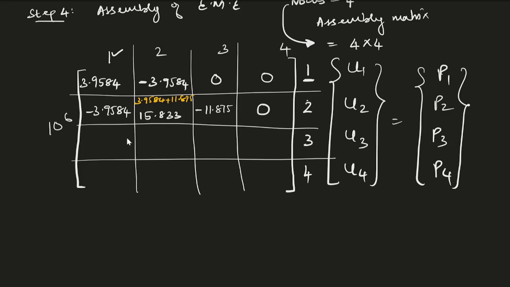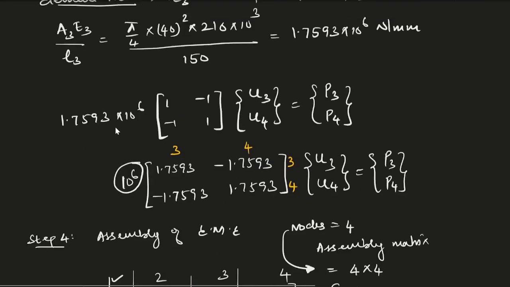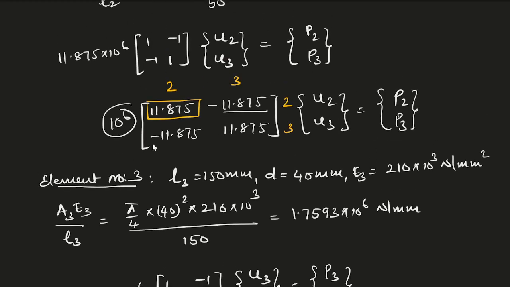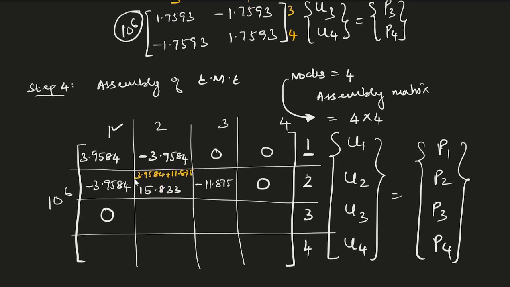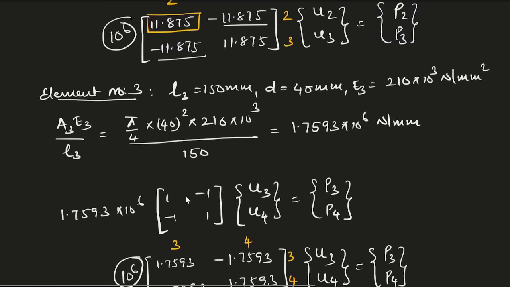Now 3 comma 1: since we didn't have 1 comma 3, 3 comma 1 will become 0. Then 3 comma 2 is minus 11.875. And we have a 3 comma 3 here, 11.875, and here also 1.7593.